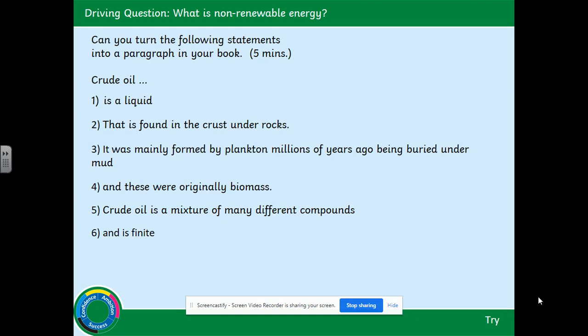Hopefully, you had gotten this correct. If not, you can make a correction. So, again, it reads: crude oil is a liquid that is found in the crust on the rocks. It was mainly formed by planktons millions of years ago, being buried under mud, and these were originally biomass. Crude oil is a mixture of many different compounds and is finite. Please make your necessary corrections.